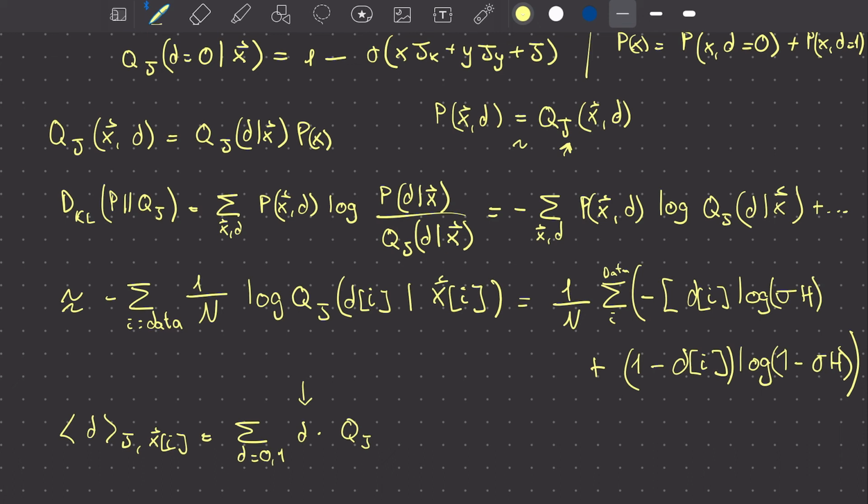So it would be our distribution for the real label given the specific input, and then this would evaluate to q_J, capital J again, I keep forgetting, of d equals 1, because if d equals 0, then everything goes to 0, for a given input again.